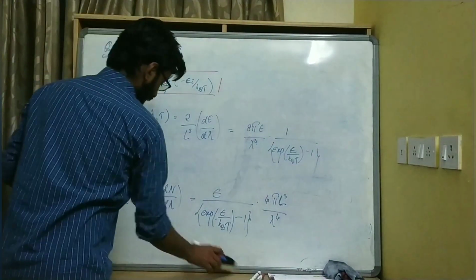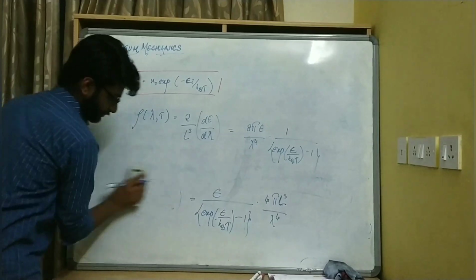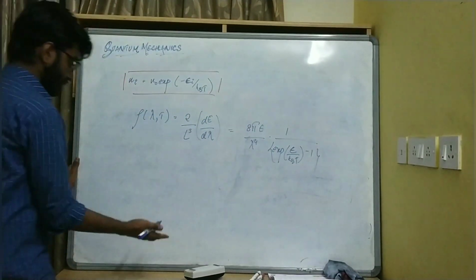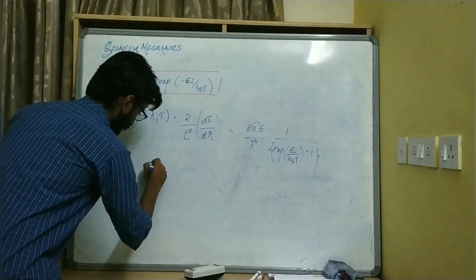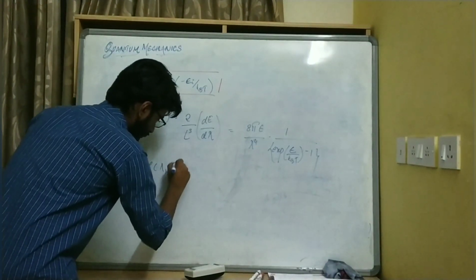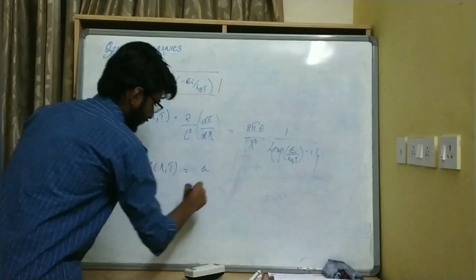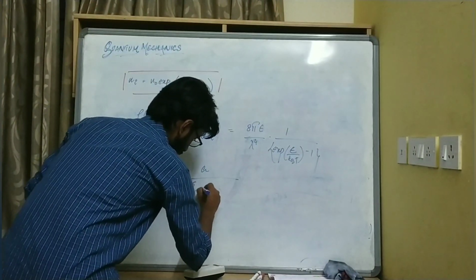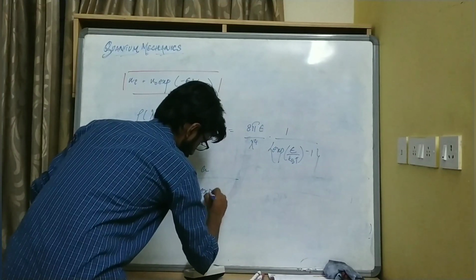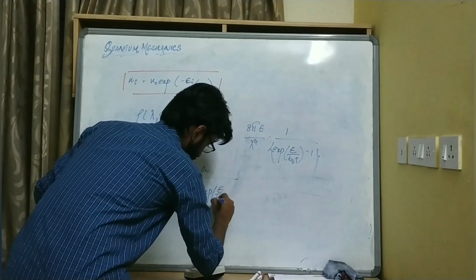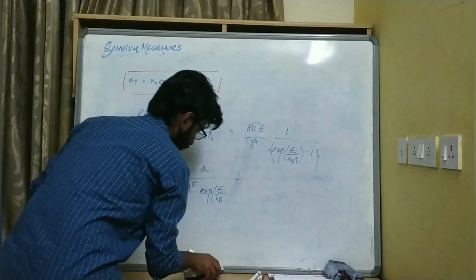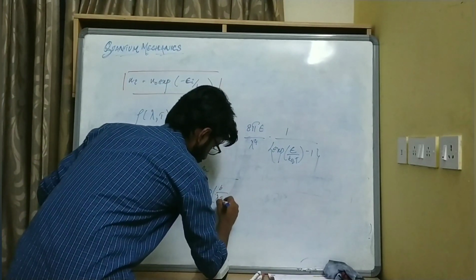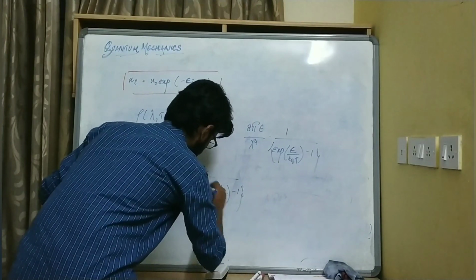Now in the previous lecture I wrote the expression that Planck used: rho of lambda, T is equal to A by lambda to the power 5 by exponential B by lambda T minus 1.